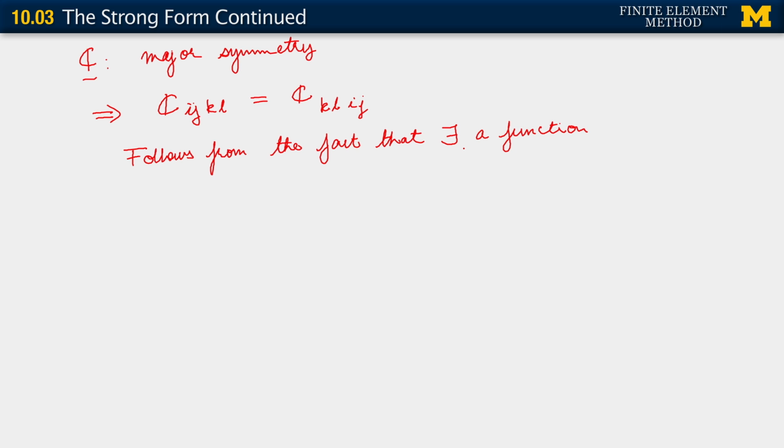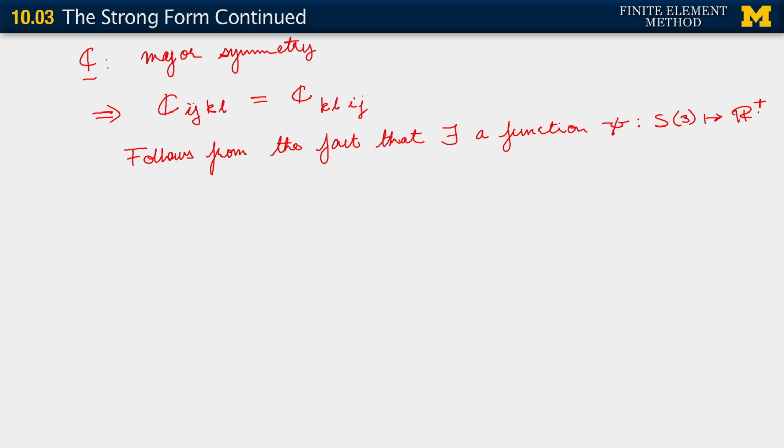The backward-looking E is the symbol for there exists. There exists a function psi, which is a mapping from S3, S3 being the space of symmetric second-order tensors, to the space of positive reals.